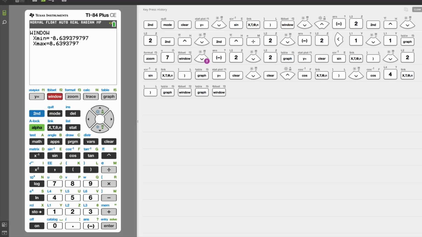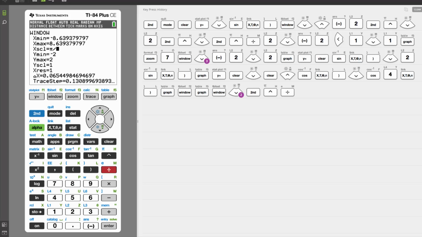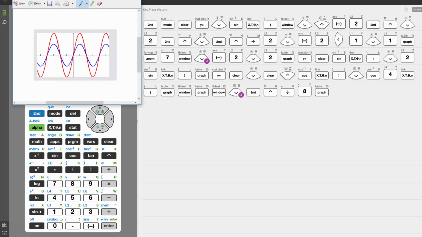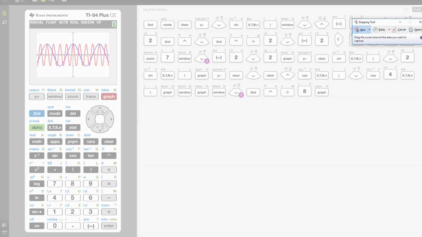I kind of want to change that. Let's change the x scale to pi over 8, because that was our new quarter points when we took our period pi over 2 and divided it by 4. So now we can see the cross points. The general shape is the same, but we can see the cross points a lot easier.